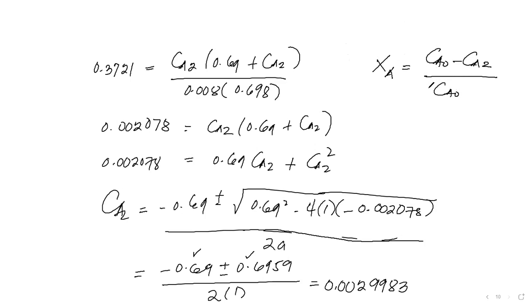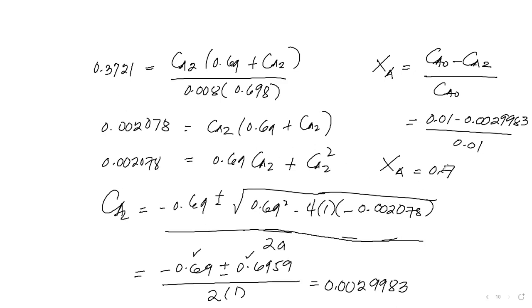So your CA0 is 0.01 minus 0.002998 divided by 0.01, giving us an Xa equal to 0.70.